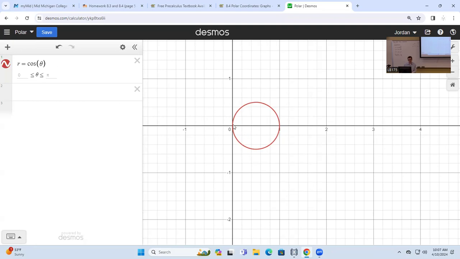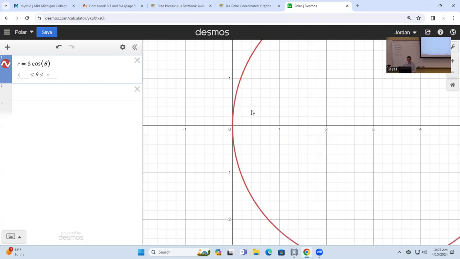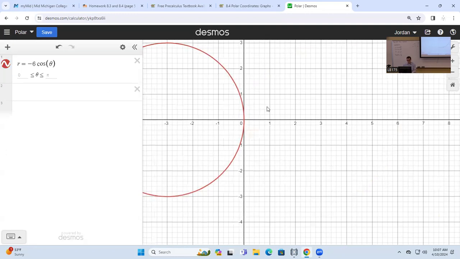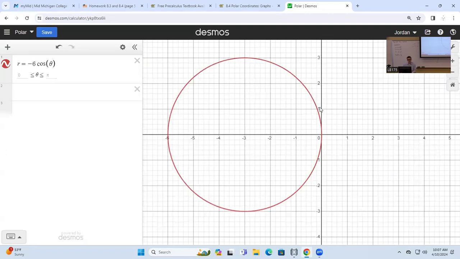So it's a circle that goes from the origin out to 1. If I put a number in front of that, like a 6, now it's a circle from the origin to 6. If I make that number a negative, it flips to the other side.